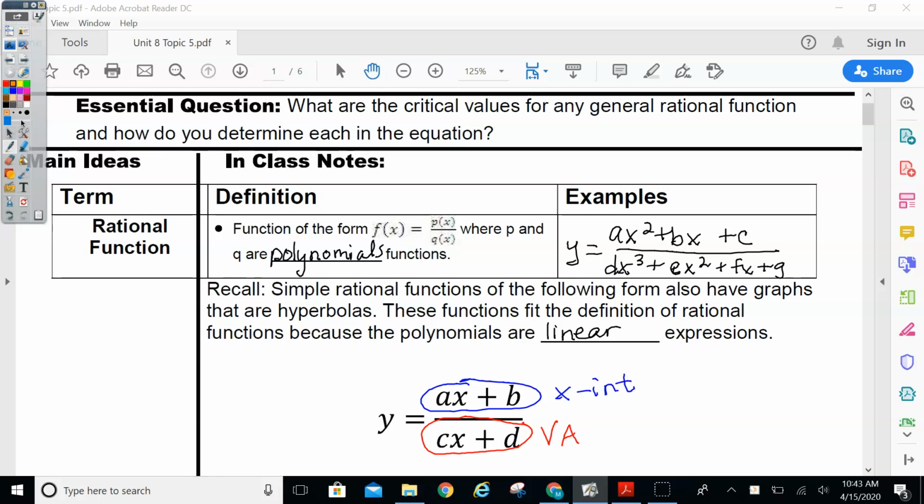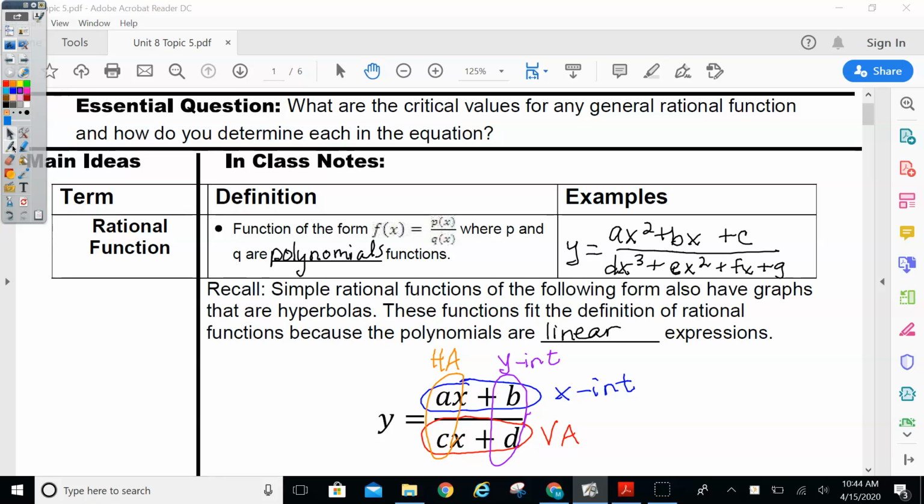The ratio of the leading coefficients gives us the horizontal asymptote. And the ratio of the constants gives us the y-intercepts. So we're still going to be looking at that, but now we're going to have additional points. So we might have multiple vertical asymptotes or multiple x-intercepts, depending on what the polynomial is.